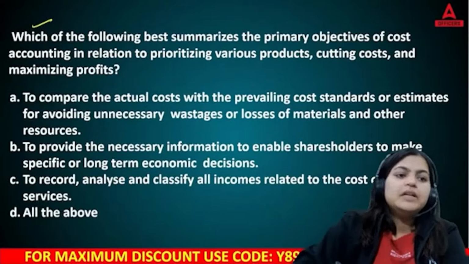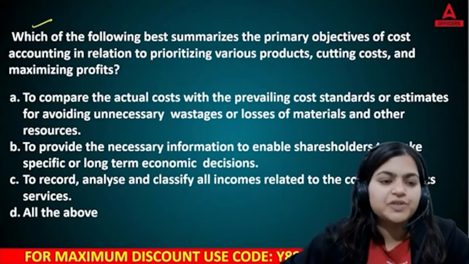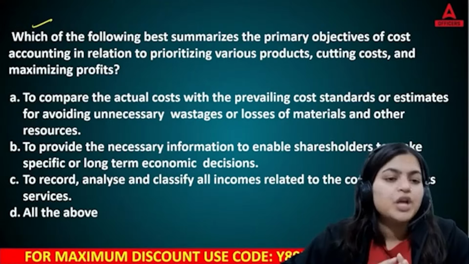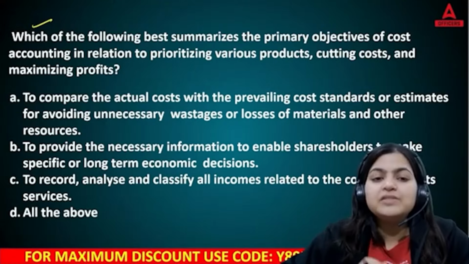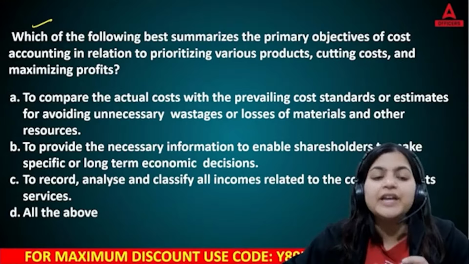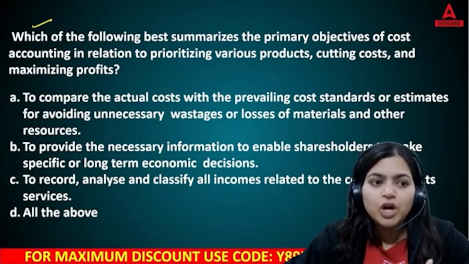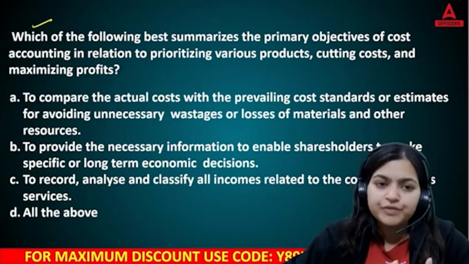Okay. Now this one is a statement based question. As you can see, lengthy options are there. So let's read it. Which of the following best summarizes the primary objectives of cost accounting in relation to prioritizing various products, cutting cost, and maximizing profits?